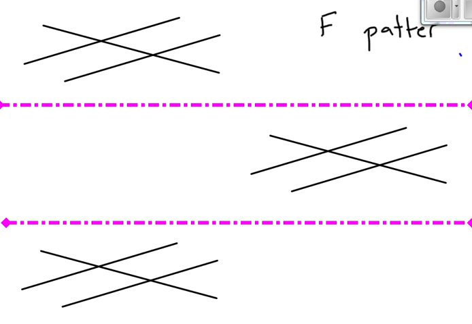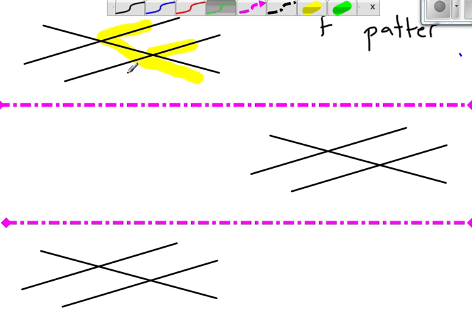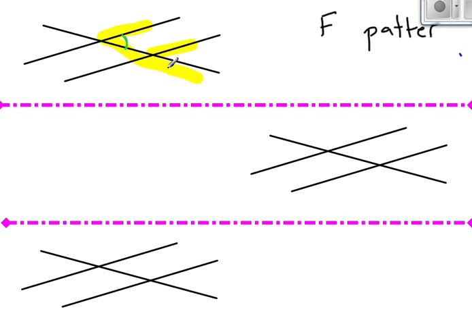So a lot of times you've studied these parallel line systems, and your teacher may have said, look for an F. So here's an F, and then you had to memorize the fact that the armpits of the F are equal to each other. So if you have angles in an F pattern, you have equal angles.